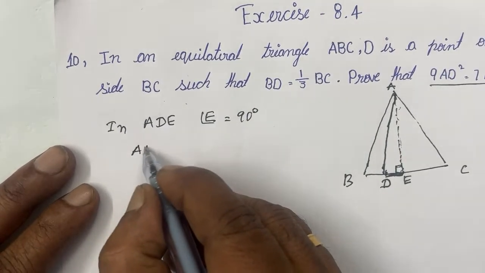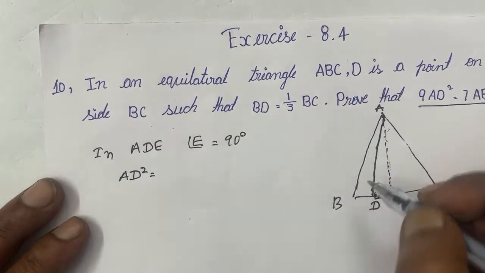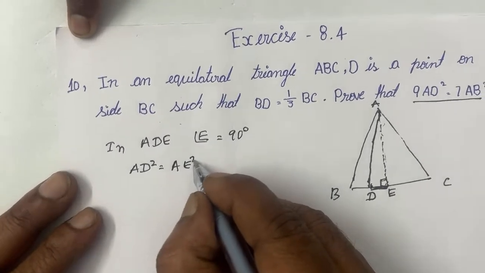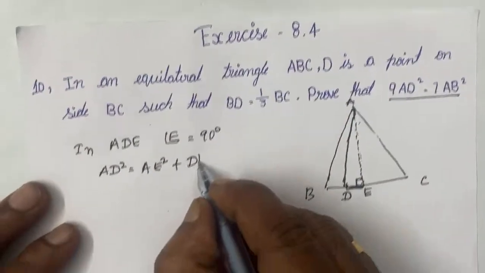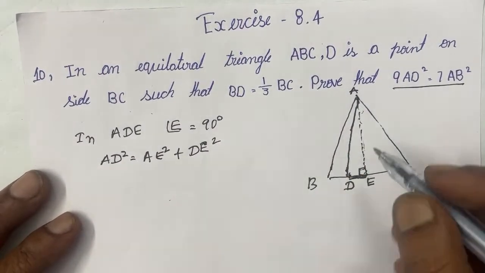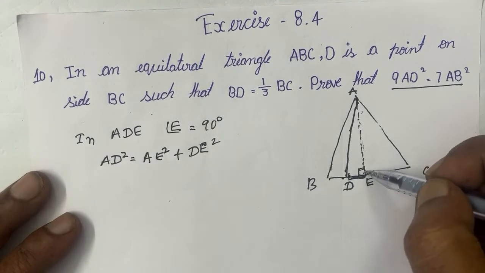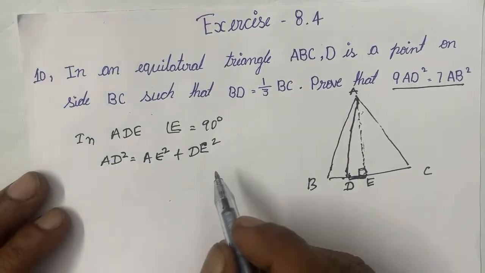Here, AD square is equal to, AD being the hypotenuse, AE square plus DE square. AE square is the opposite square, and DE square. So this is a major equation in the sum.